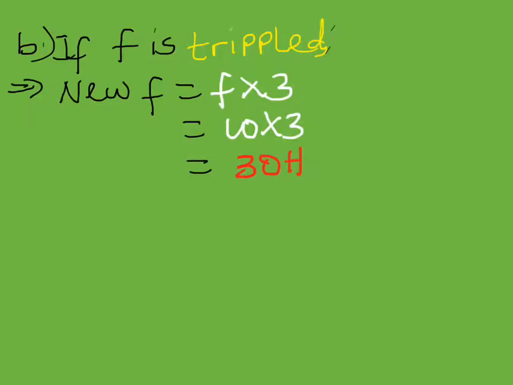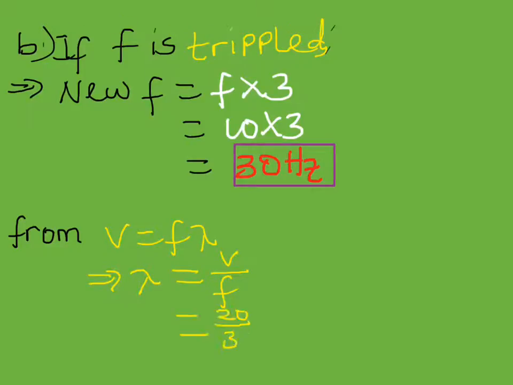Now, the B says if the frequency is tripled, meaning the initial frequency is tripled. So the new frequency is now the previous frequency times 3.